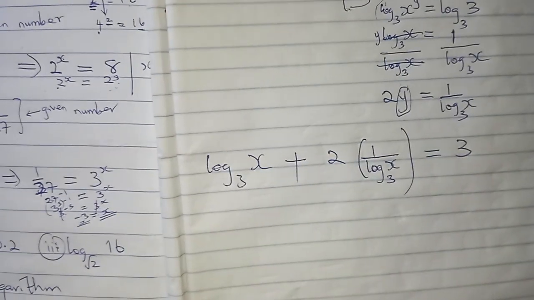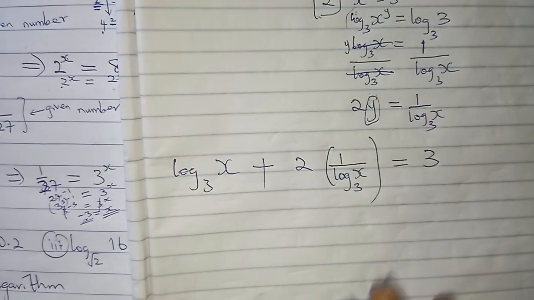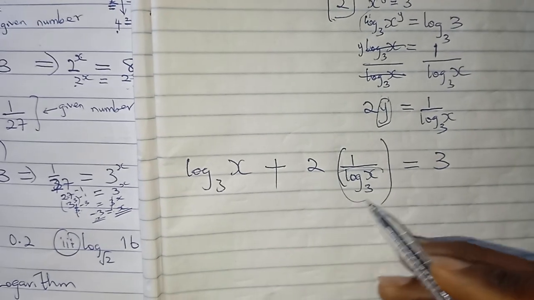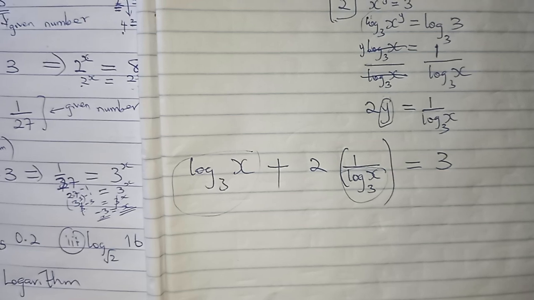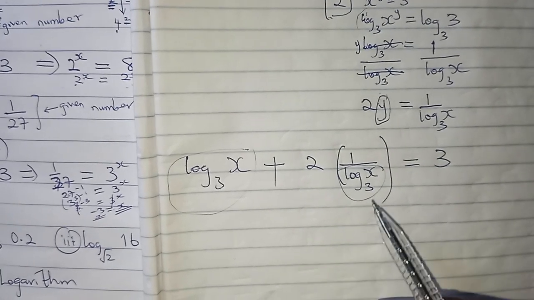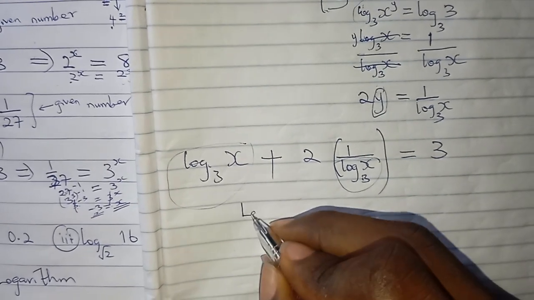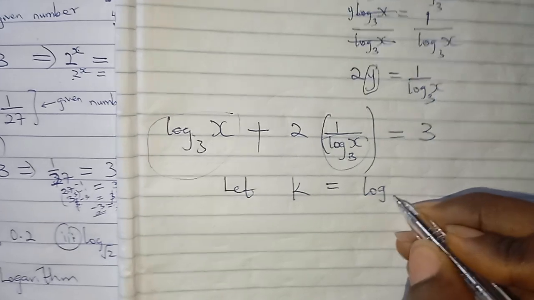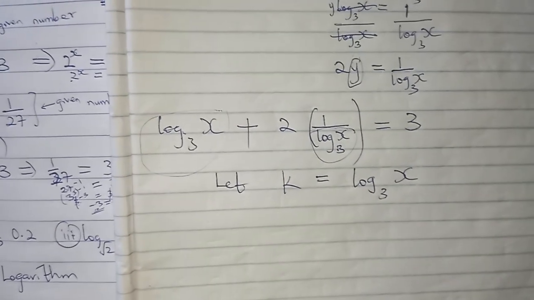Notice that since what I have here and what I have here is the same thing, let me call it k. Let k be equals to log x to base 3.